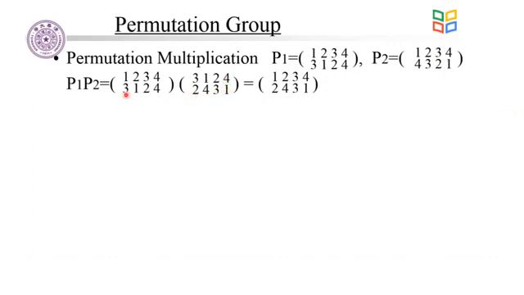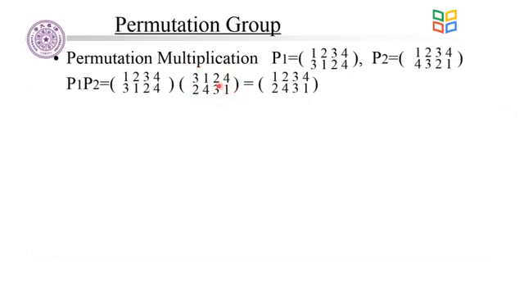And this time, we will realize that after permuting the arrangement, it has nothing to do with the order. We only need to ensure that in P2, 1 turns to 4, 2 is swapped with 3, 3 is swapped with 2, 4 to 1. Then it should be just fine.